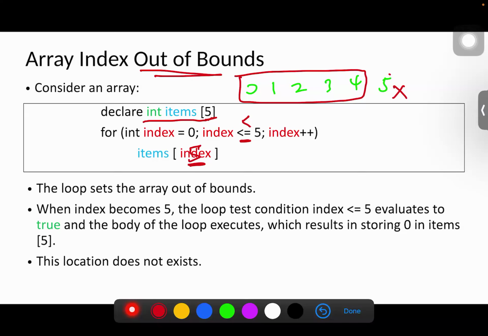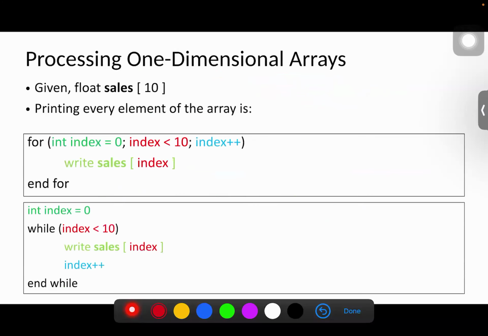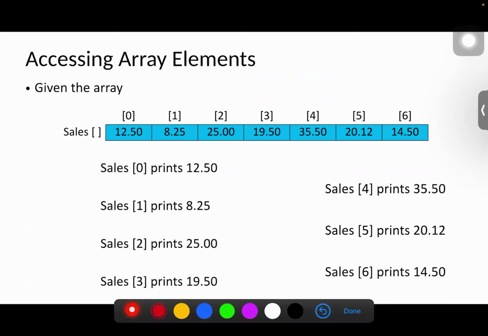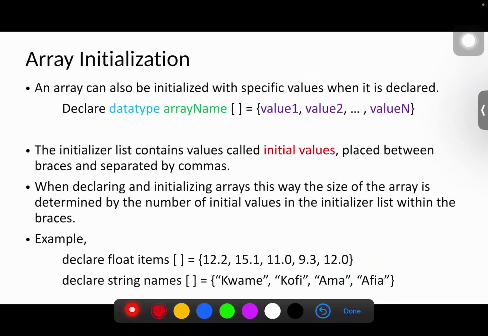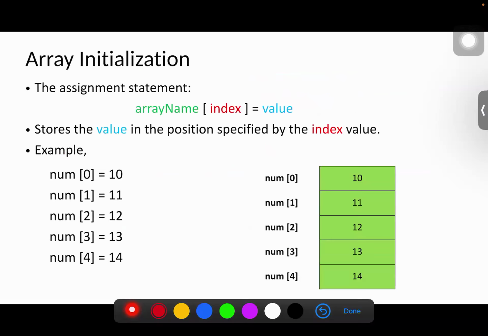You already saw earlier that we can assign the values manually. But as for the index, they are already there. Once you create the array, the index have been created.